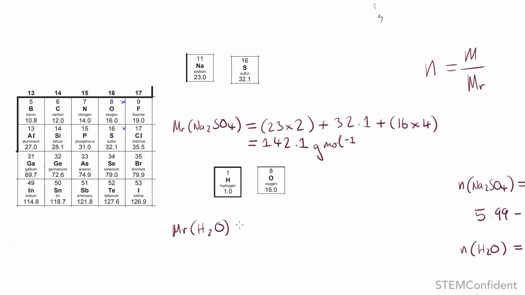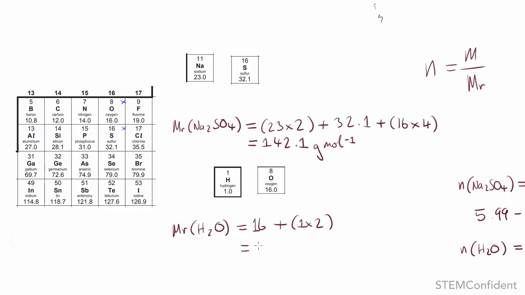You may already know what the value is for this, but I'm going to go through the process anyway. So 16, times 1. So I'm just going to leave it as is, plus H2, so that's going to be 1 times 2. And what does that give you?